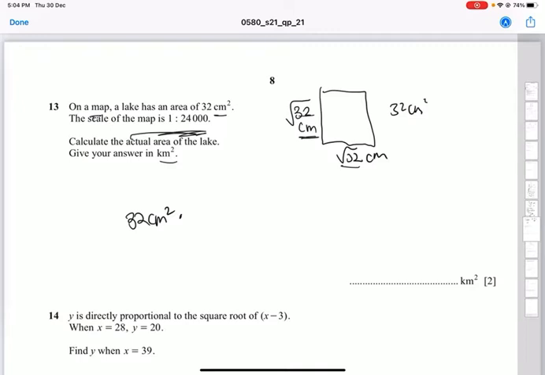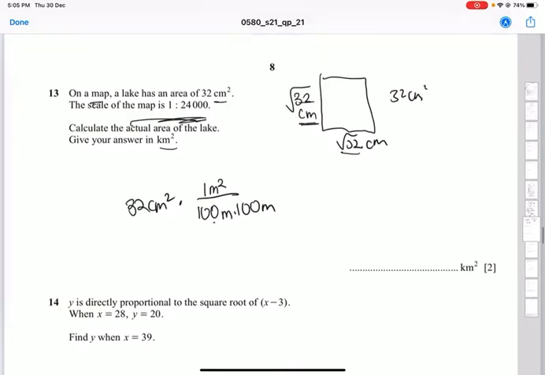So convert it, you can remember the formulas or whatever. So that's 1 meter squared. So you have 100 centimeters, you have to divide by 100, and then because it's squared, you do 100 again, so it's 100 squared. So 32 divided by 100 squared, and then 1000 meters has 1 km.